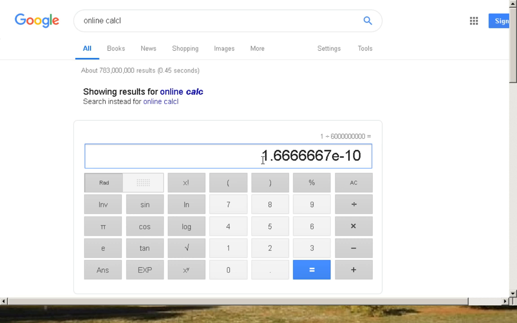God, I can't think straight. If I want to make that number bigger, I have to make the other number smaller. So it's 16 times 10 to the minus 9.